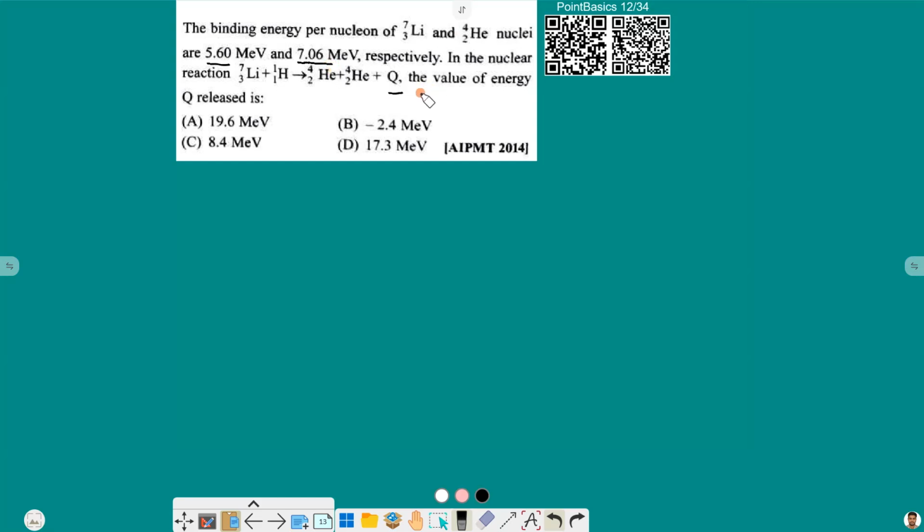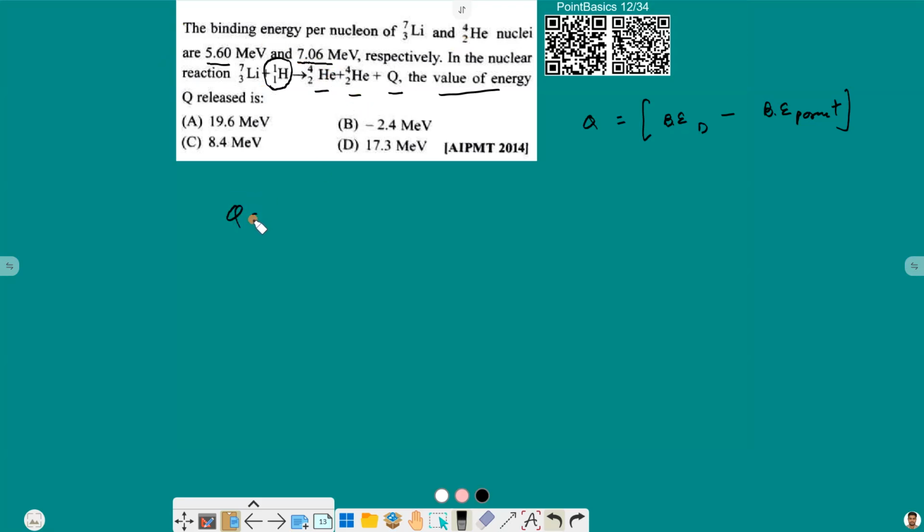So the Q value will be the total binding energy of the daughter minus the total binding energy of the parent. Now, if you look carefully here, nothing is given regarding hydrogen, the binding energy of hydrogen. So what we will assume is, we will not consider it. So for helium it is given.